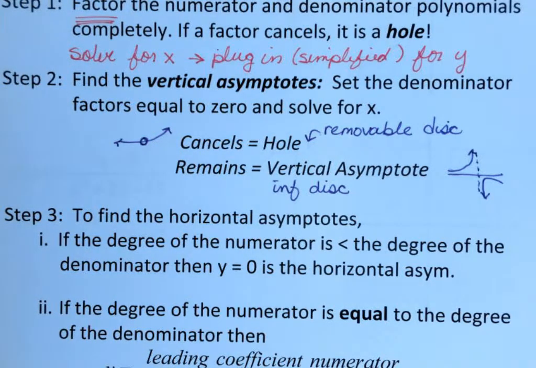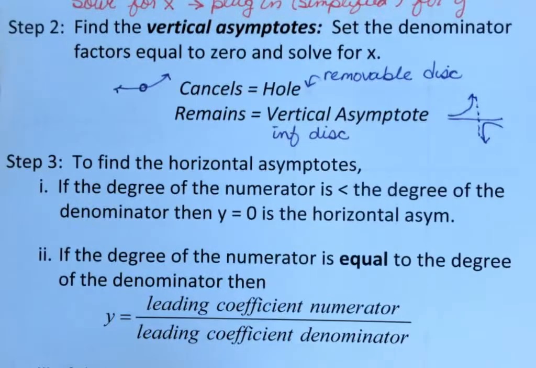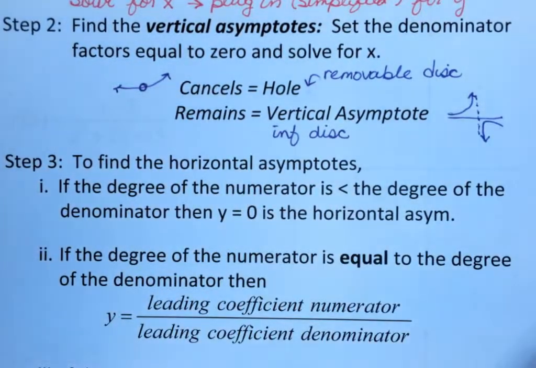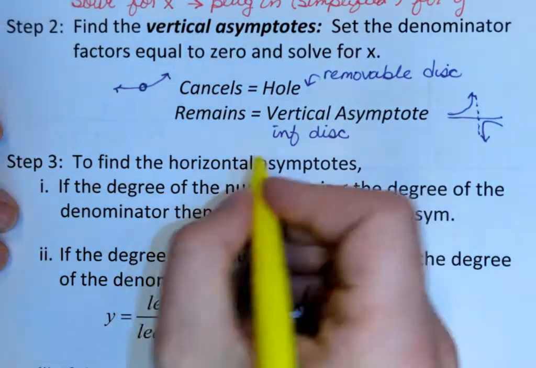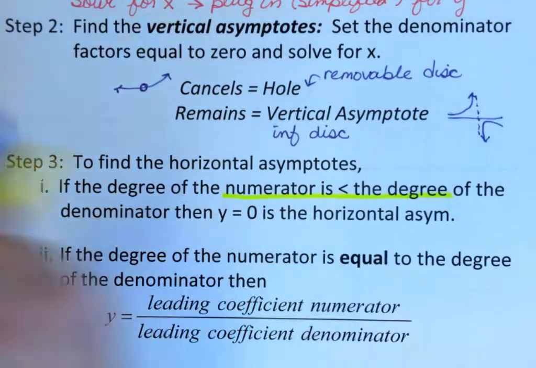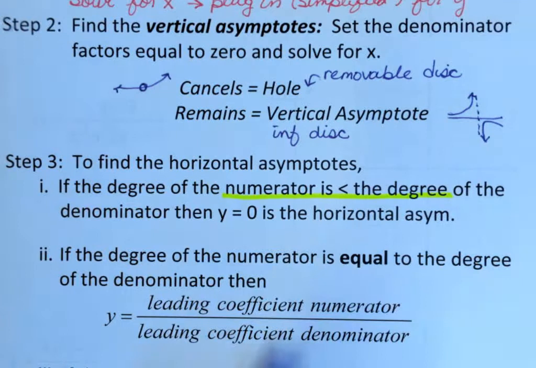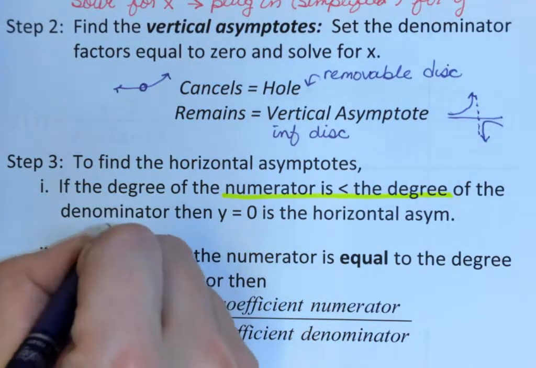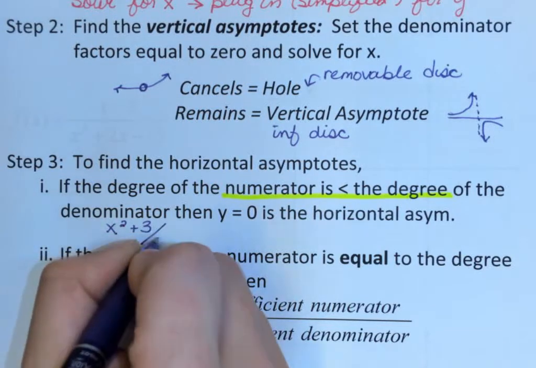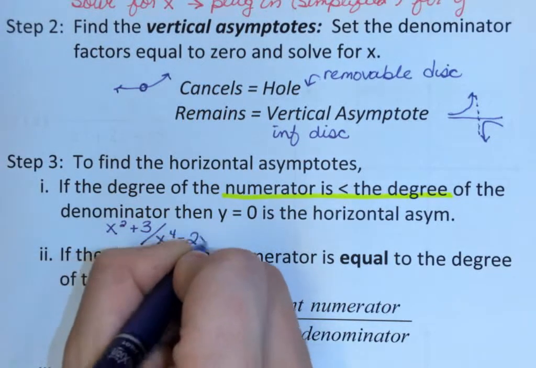Then there's one more thing that we need to check for. And this one's usually the place where people have the most difficulties, and that is your horizontal asymptotes. Horizontal asymptotes are all about understanding what your rules are. For this first one, if the degree of the numerator is less than the degree of the denominator, that could be something like x squared plus 3 over x to the 4th minus 2x.